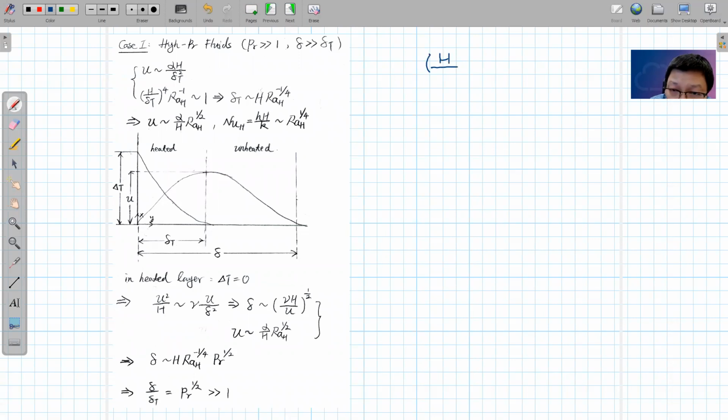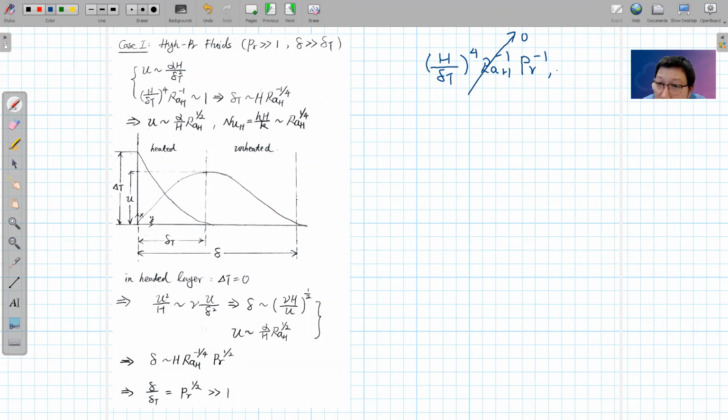So this is H divided by delta T to the power of 4 times Ra_H minus 1 times Prandtl number minus 1. So this is the convection term, and this is going to 0.